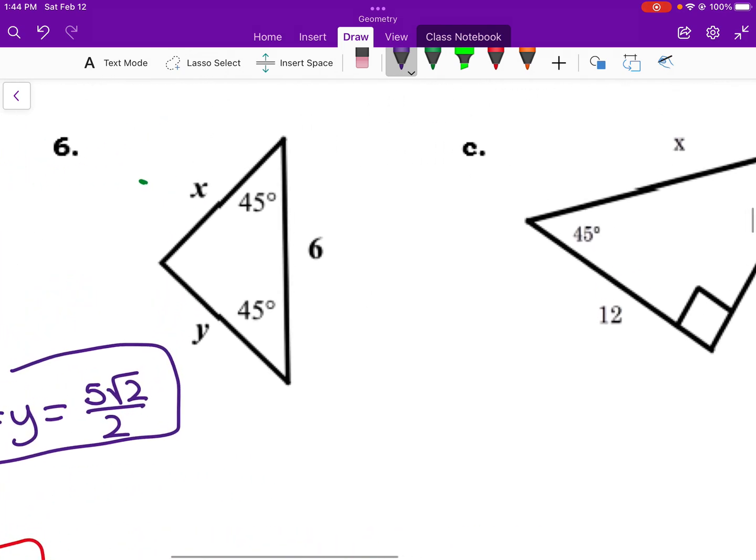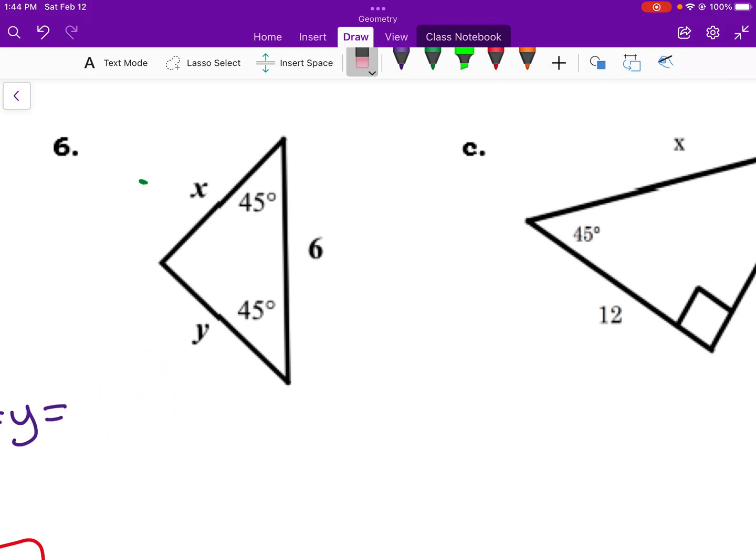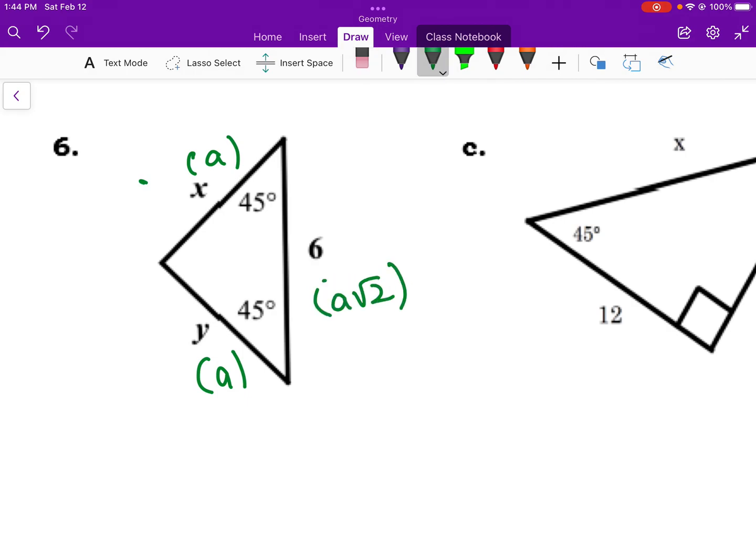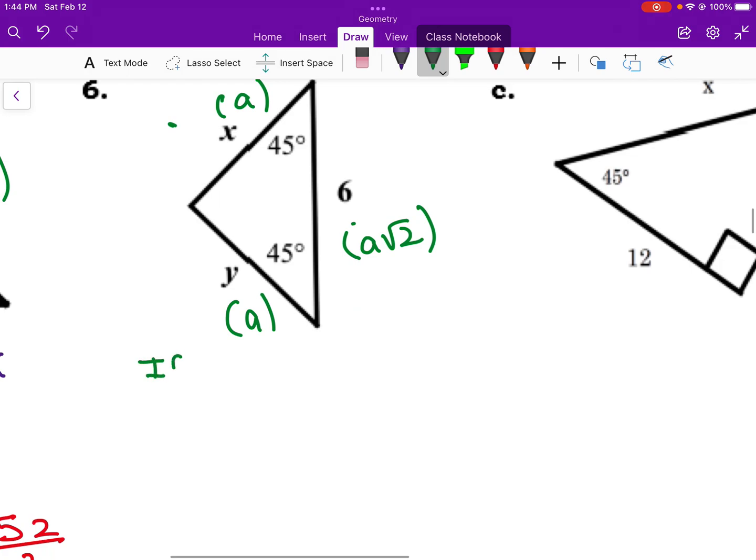Okay. This guy, similar scenario, we have the 45, 45, 90. And in this case, we throw down our labels. We have our a, a, a root 2. So we can set up our logic here. If a root 2 equals 6, we know we have to solve for a.